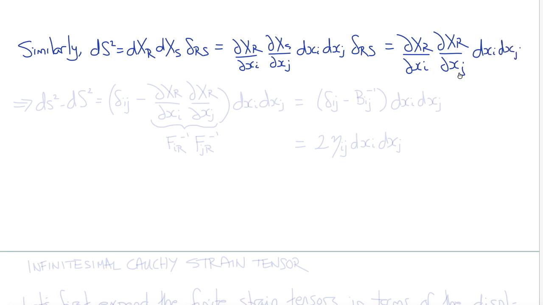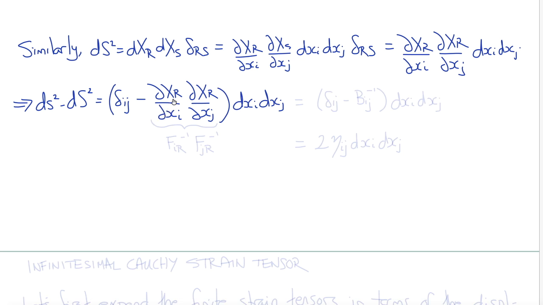You'll notice that these are actually the inverse of the components of the deformation gradient. So again, taking the squared length changes, d little s squared minus d big S squared, we this time would get delta ij minus del Xr over del xi, del Xr over del xj, times dxi, dxj.